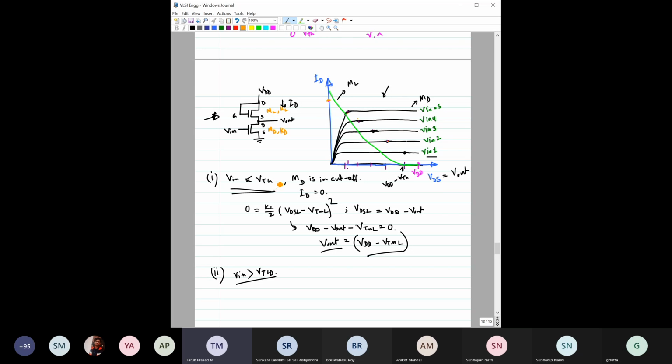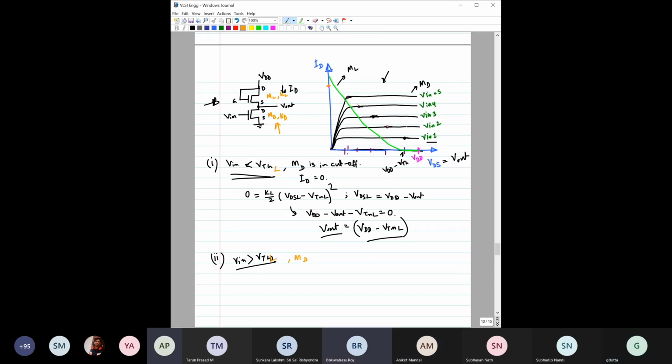So I think it should be VTH load. So when V in is greater than VTH load, right? Can you explain why that would be VTH load?